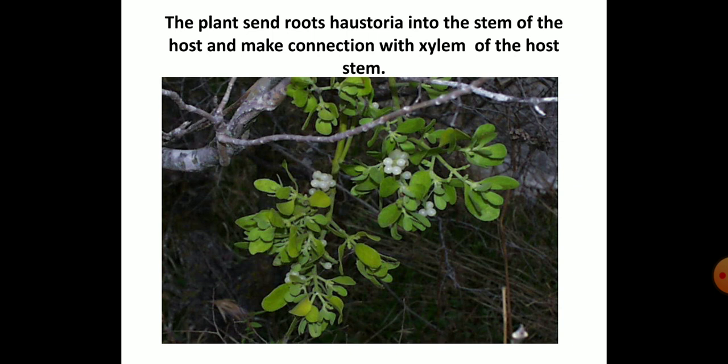So it will send its roots only into xylem tissue, because xylem tissue has the work of transporting water throughout the plant body. So it will send its roots only into xylem tissue for taking water and minerals from the xylem.